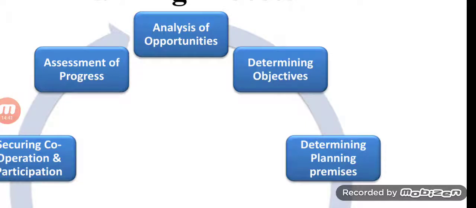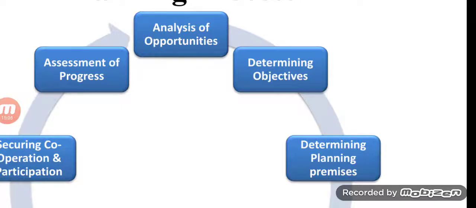We can determine provide proper return to employees and give social satisfaction to the employees. So here we can say that these are the points given by Beach, L. Bridge, who listed out some major organizational objectives. Clear? Determining objective.